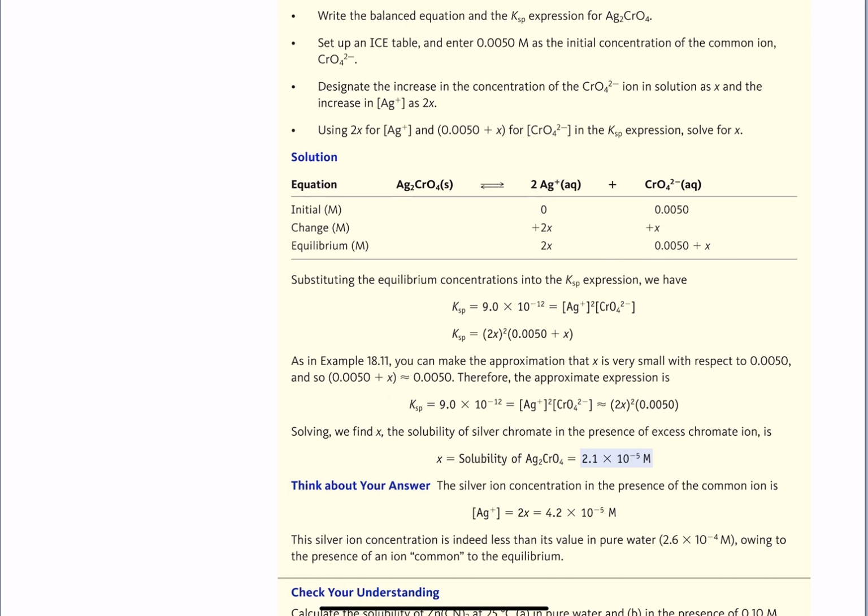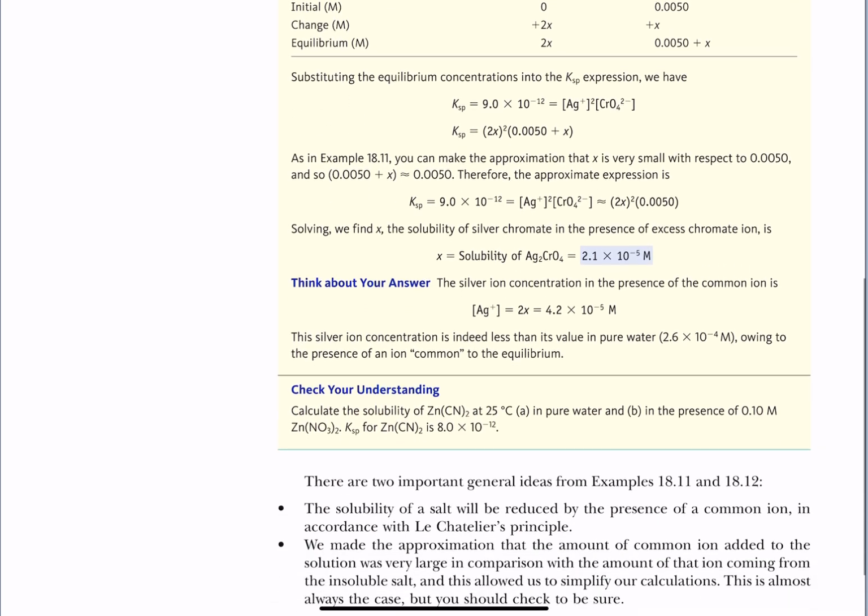Finally, we add those 2 rows together and again ask ourselves the question, can we ignore the plus X to the 0.0050 molar chromate molarity? And most assuredly we can, because the KSP is so incredibly small. That simplifies the math.